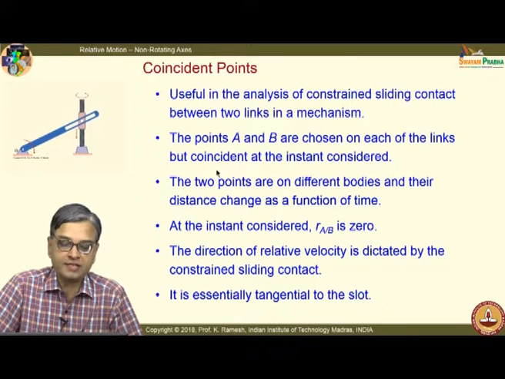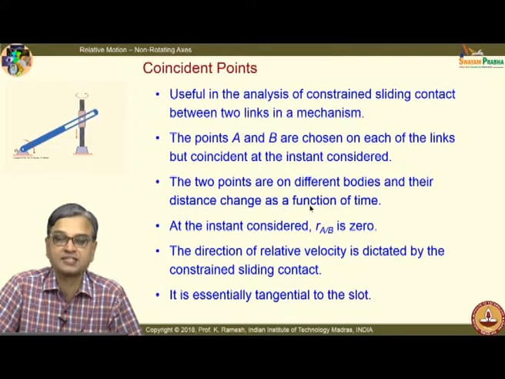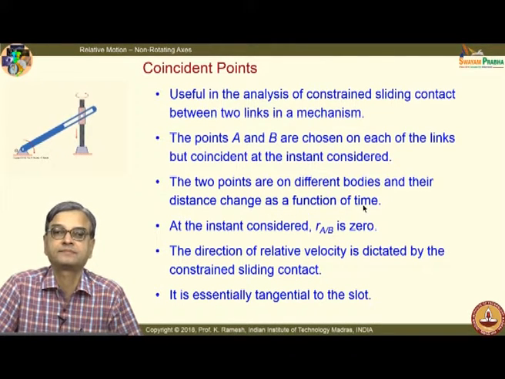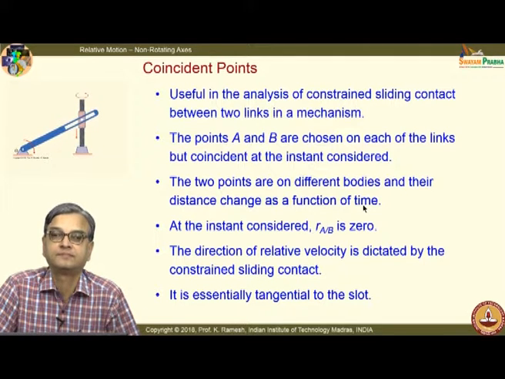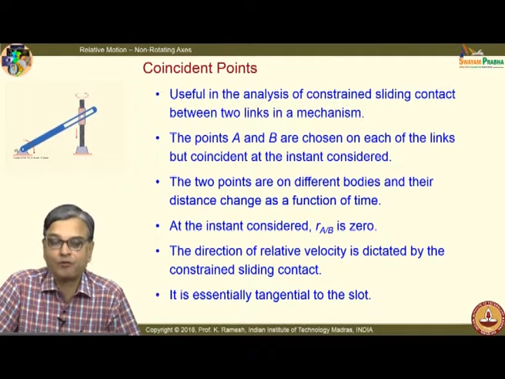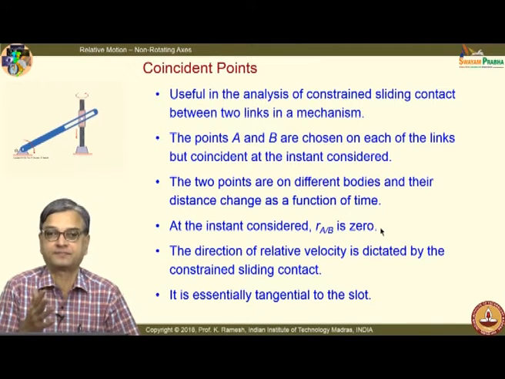You have to notice that these 2 points are on different bodies, and the important aspect is that their distance changes as a function of time. Unlike what we had seen earlier, at the instant considered, the relative position from A to B is 0 because they are coincident.